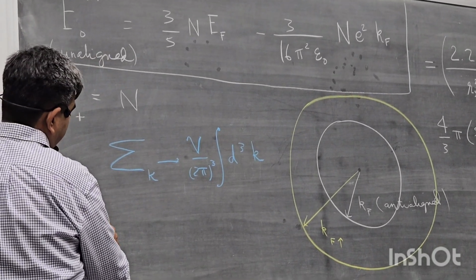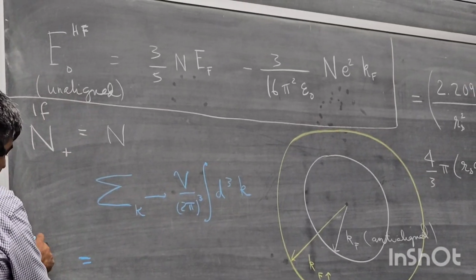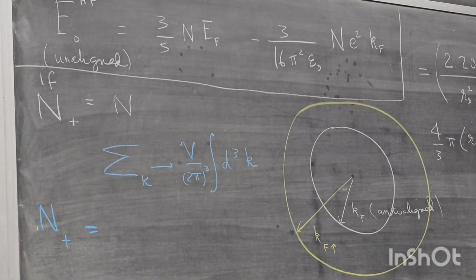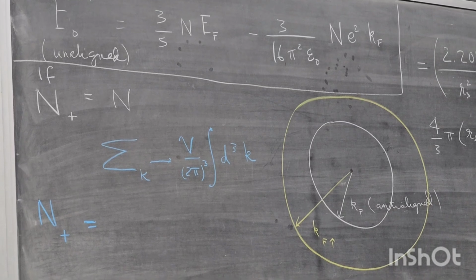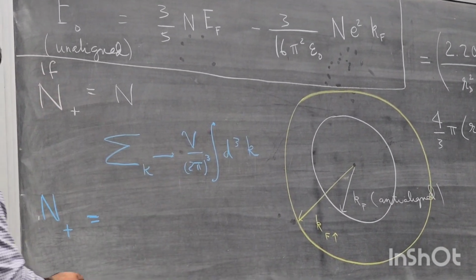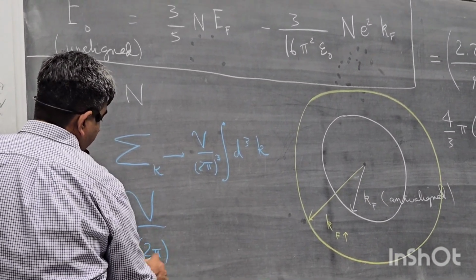If you take the sum of these, you will get the total number of spin ups. And you do not multiply this with 2 because you are just considering spins of one kind. So V over 2 pi cube.